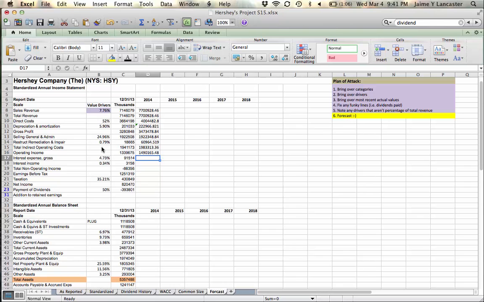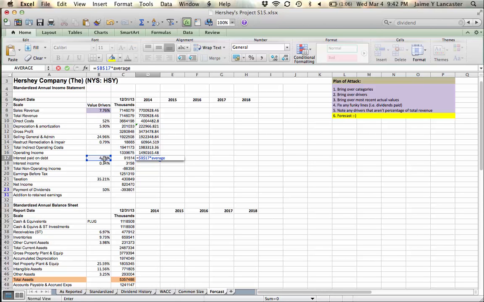Interest expense gross is going to be, in this case, interest paid. And we think that our interest paid on debt is going to be 4.73% of our average balance of debt, right?